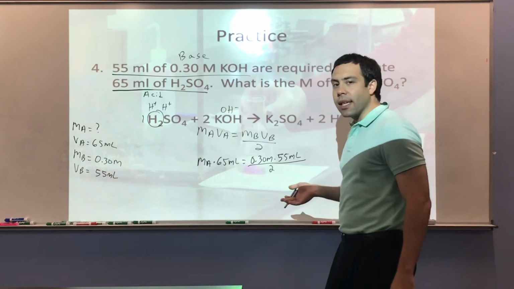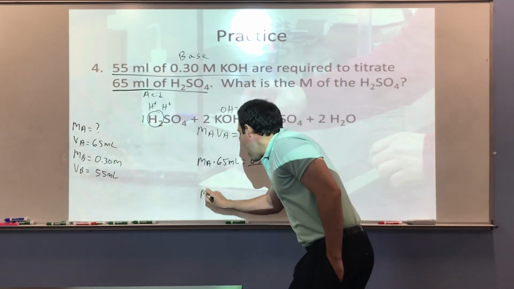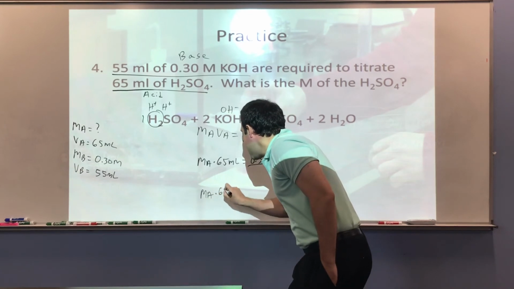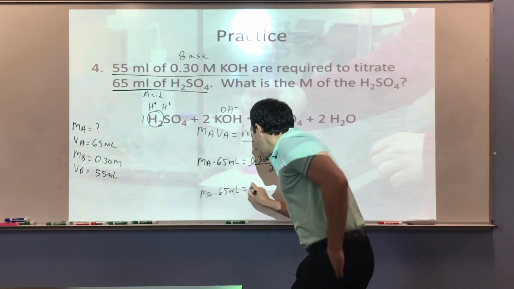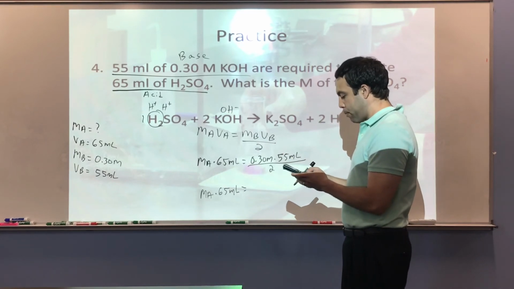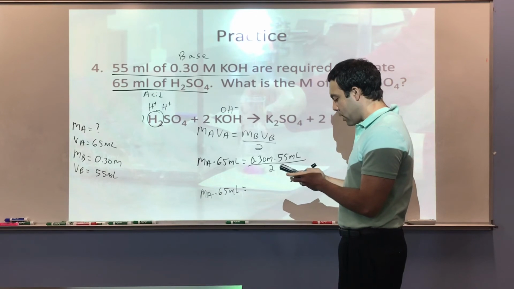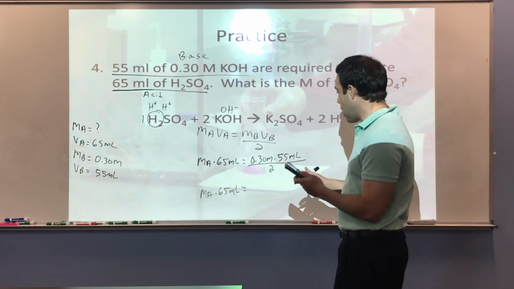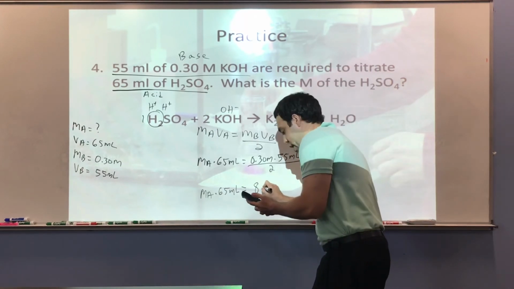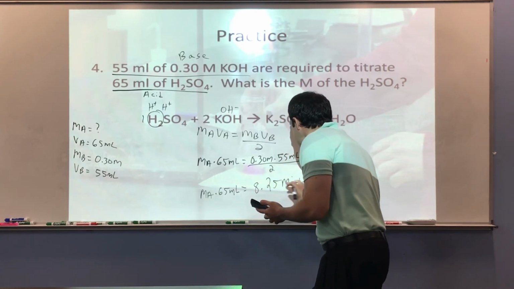Now when I rewrite this, I'm going to take care of this right away. So I'll rewrite it as MA times 65 milliliters is equal to 0.30 times 55 divided by 2. I get 8.25 molar times milliliters.